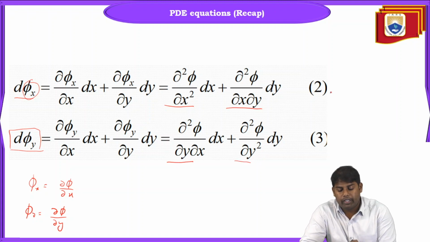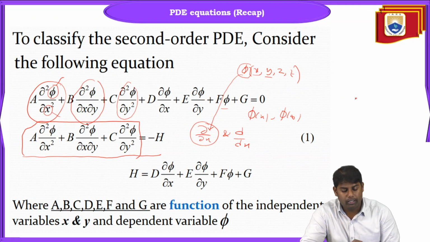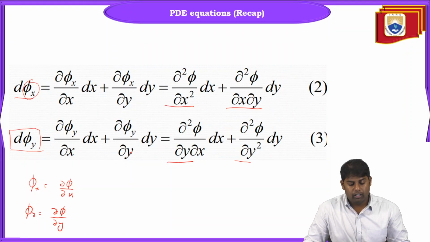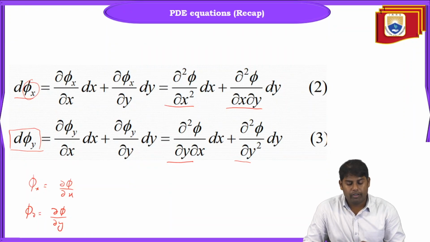Now we have equation 1, which has all three parameters: second order derivative in x, the mixed derivative, and second order derivative with respect to y. In the second equation we also have the mixed derivative and the one with respect to x, and in the third equation the mixed derivative and the one with respect to y.